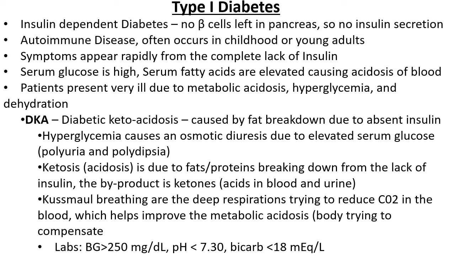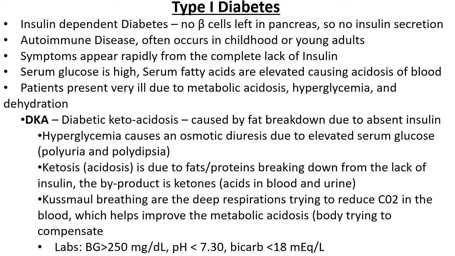Since the insulin is not present anymore, the glucose has nowhere to go. Okay, it can't go into cells, it can't go into the liver because insulin is required to help glucose turn into glycogen. It can't go into fat cells because insulin helps glucose go into fat cells. So there's tremendously high serum glucose levels.